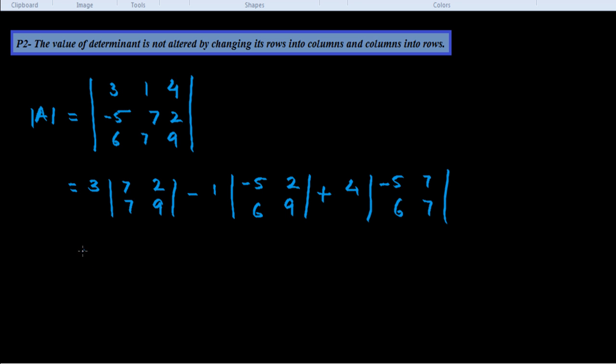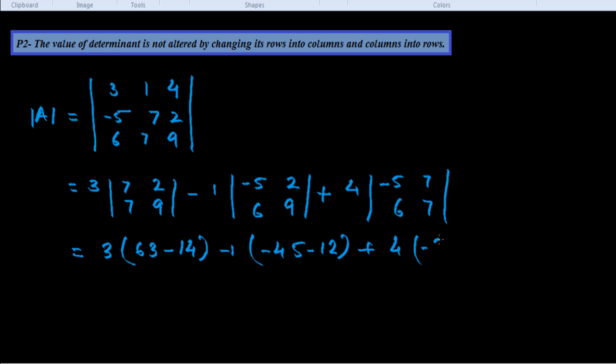Now we simplify this. 3 times (7 into 9, which is 63, minus 14), minus (-1) times (-45 minus 12), plus 4 times (-35 minus 42).